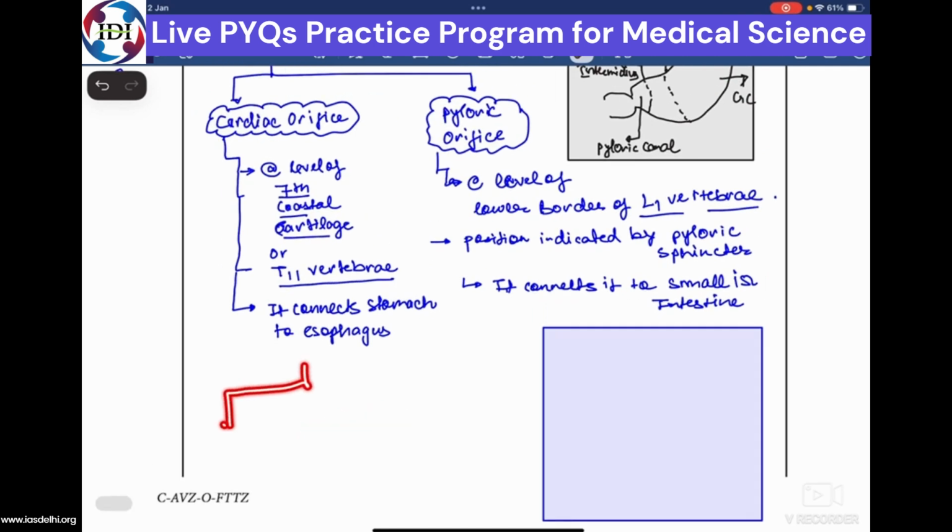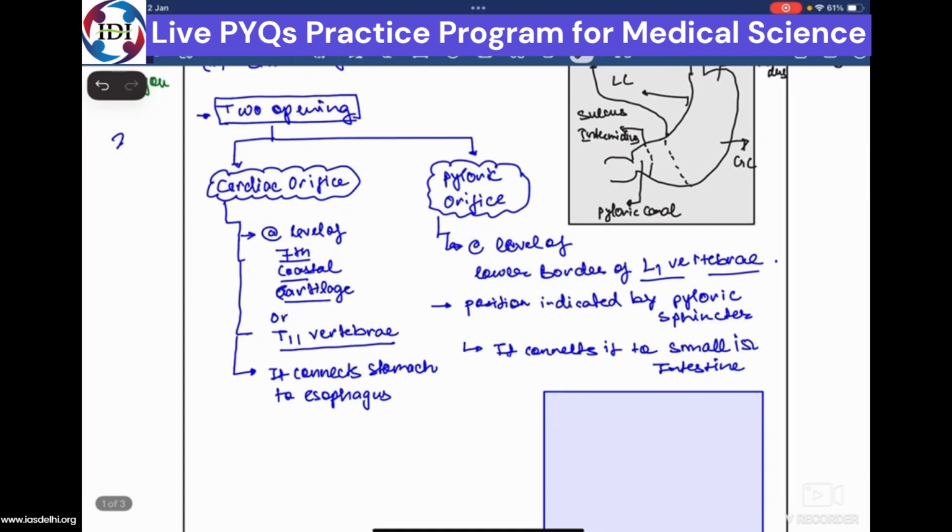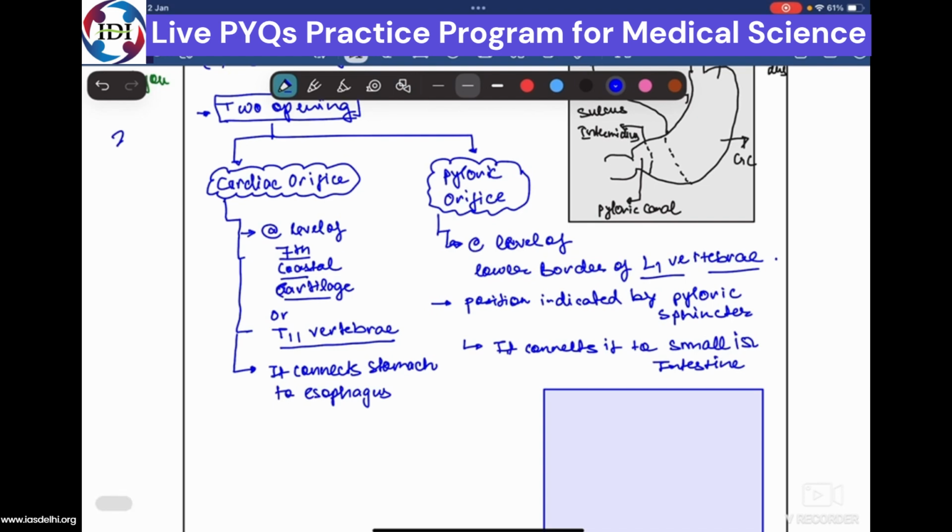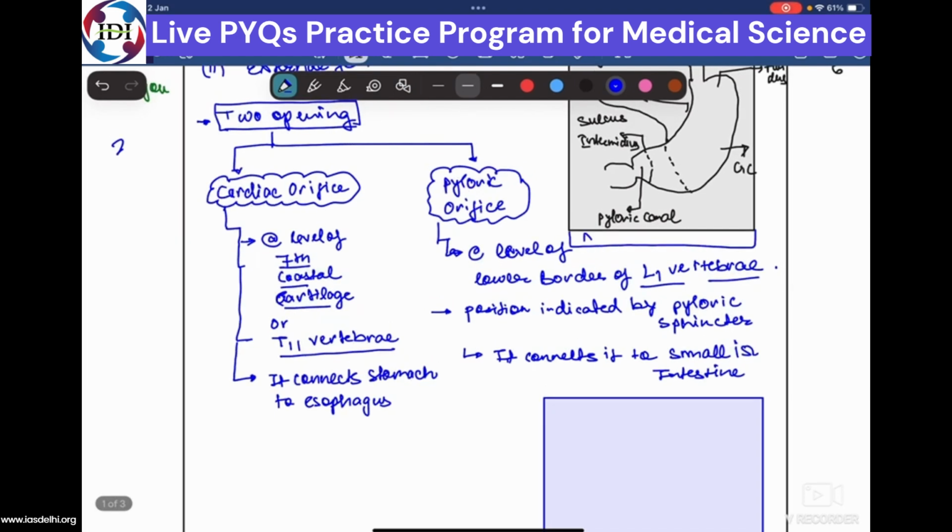So you better take this approach along with the diagram. And one thing very important, since we have made the diagram here, we need to write a small heading. Just simply write diagram of stomach.